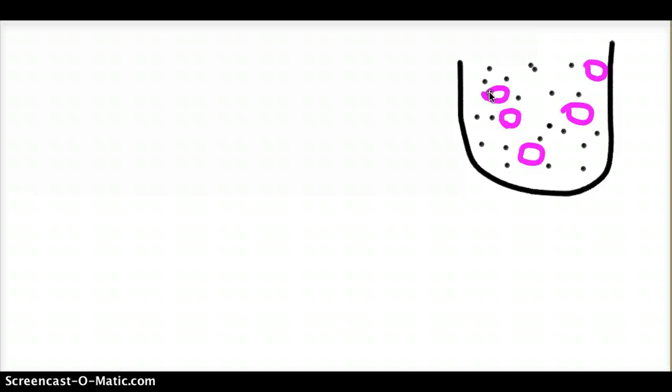In the container there are more water molecules than sugar molecules, so we call the water the solvent, because it has more molecules than the sugar. The sugar, we call it the solute.